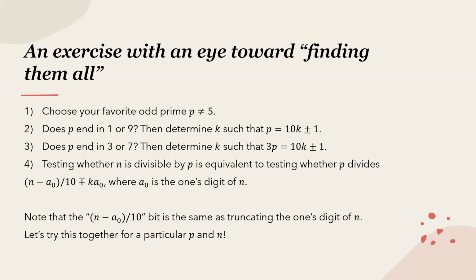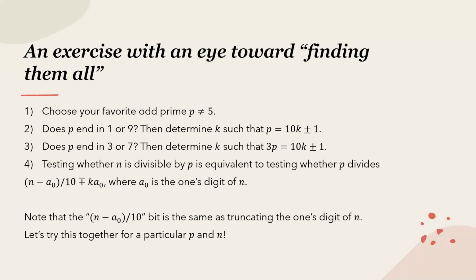So in other words, testing whether P divides N is equivalent to getting rid of the first digit, and then adding or subtracting K, the same K that you got for that multiple of 10, times that first digit. Make sense? K times that one digit. How do I decide whether to add or subtract?